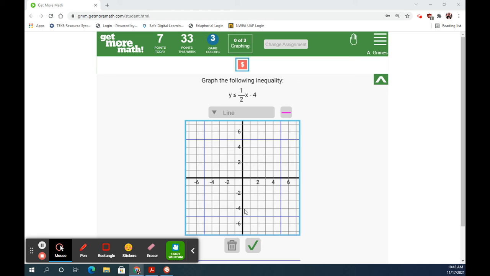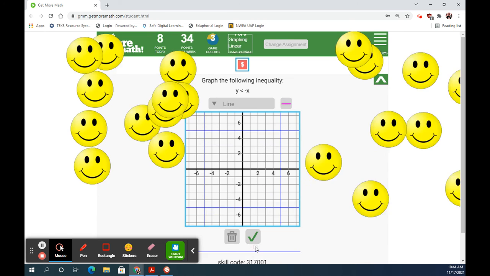So we go to 0, negative 4. There we go. It goes up 1, right 2. Now, to shade, where are we going to shade? Above or below? Look at your comp book. Below. Now, you see this? You have to click on that, go down to shade. There it is. That's it.